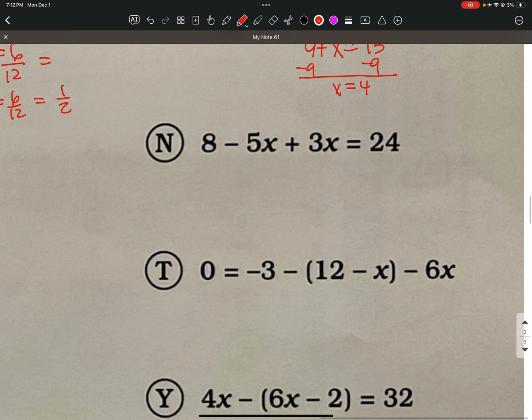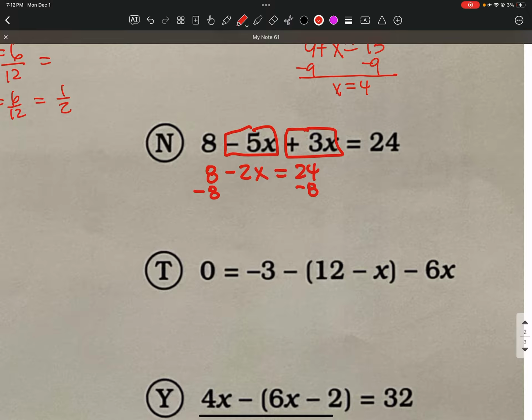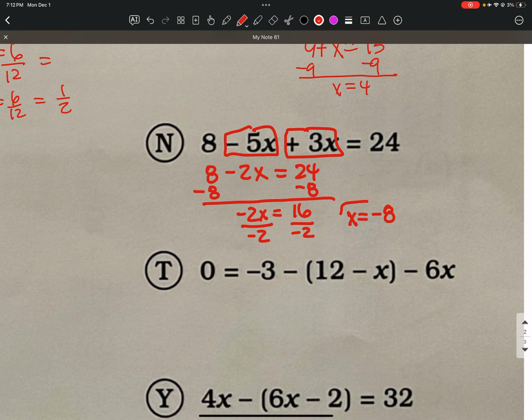Over here, negative 5x's and positive 3x's is negative 2x's equals 24. Minus 8, minus 8. Negative 2x's equals positive 24 minus 8 is 16. Divide by negative 2. X equals negative 8.